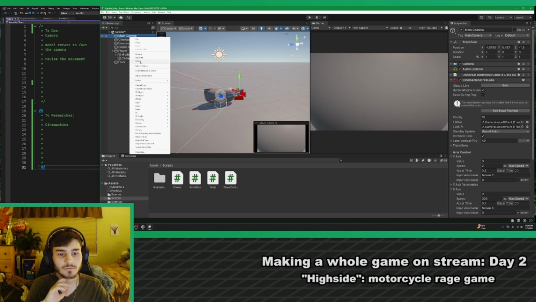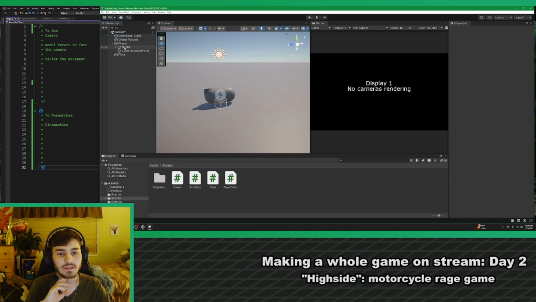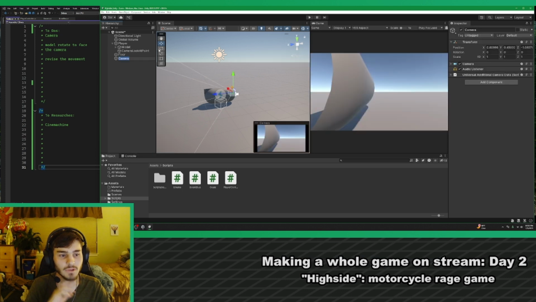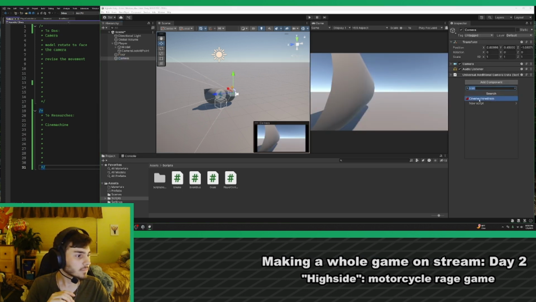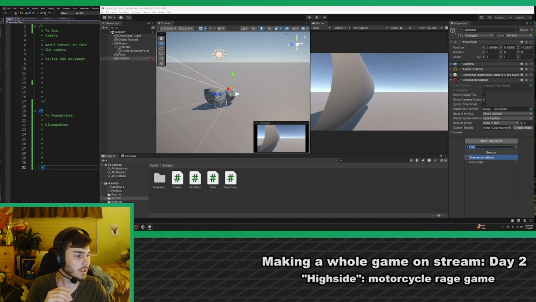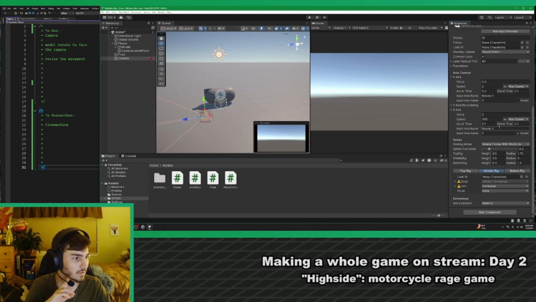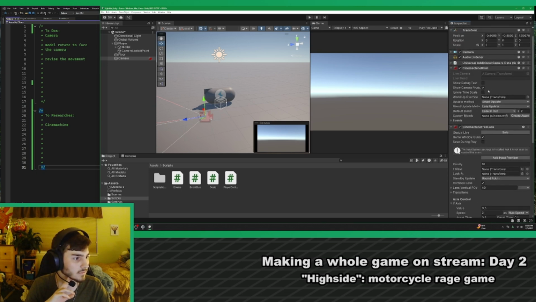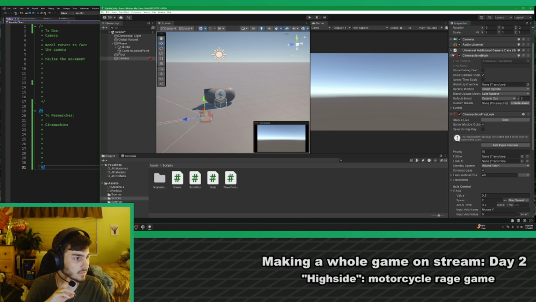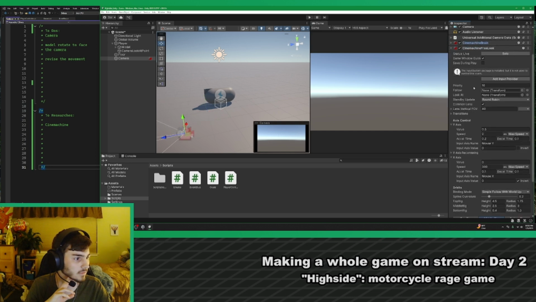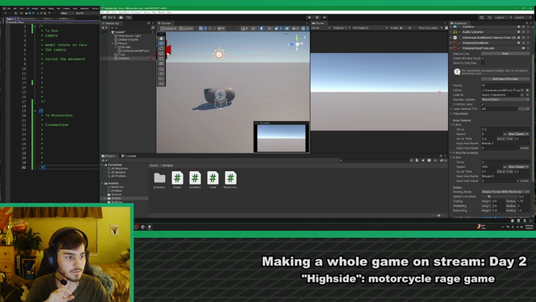I'm gonna restart these. Gonna add camera. Gonna add a brain to it, and I'm gonna add a relook. Now, what it will follow is the camera look at points.